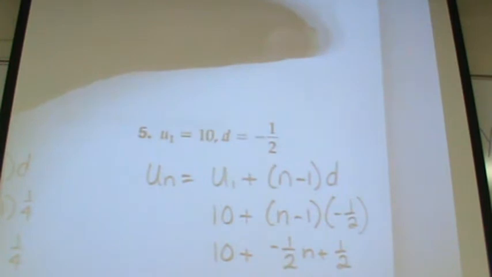So you should get negative 1/2 n plus 10.5. So to find the 5th term, you're going to plug a 5 in here, and you should get 8 as your answer.